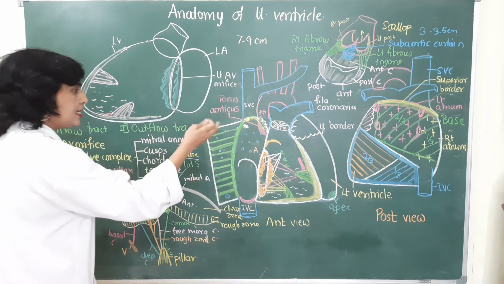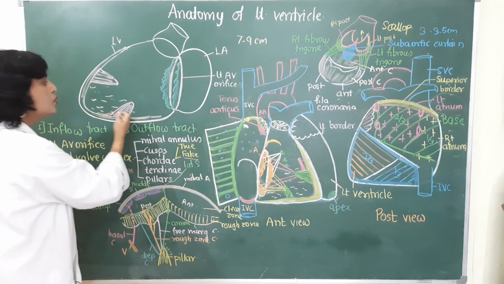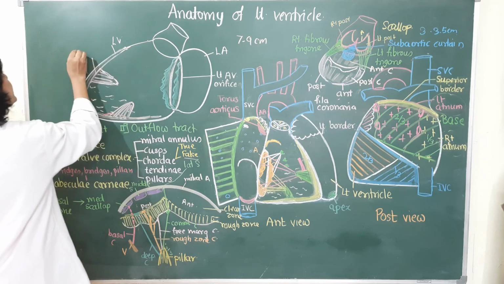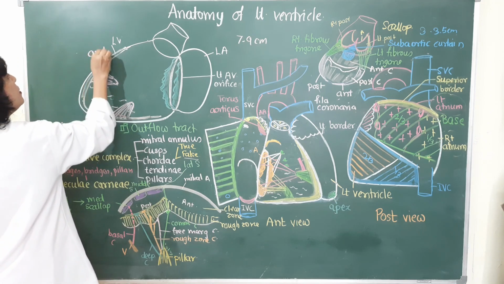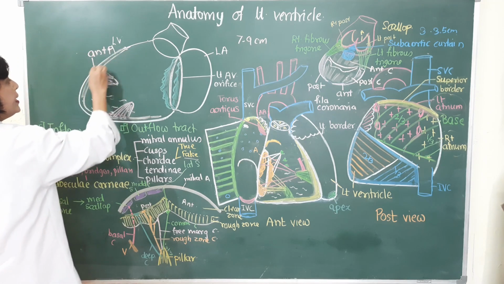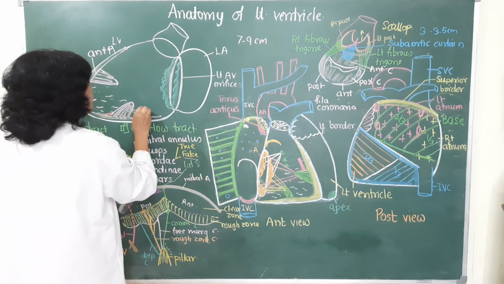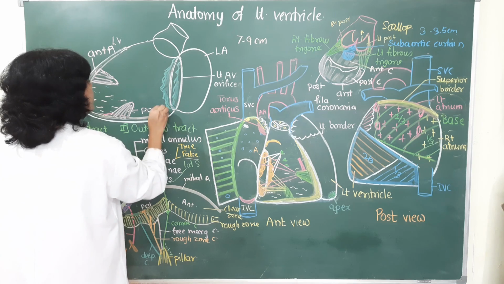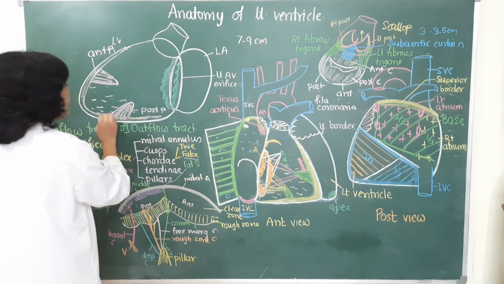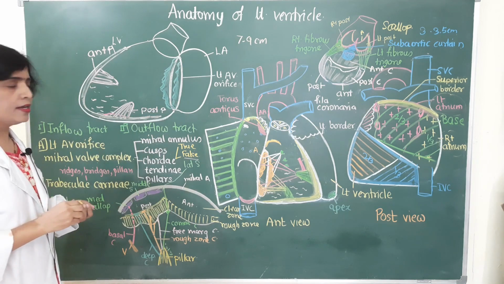So in this left ventricle there are two papillary muscles. One is the anterior papillary muscle, which is attached to the anterior or sternocostal surface of the left ventricle, and this is the posterior papillary muscle, which is attached to the diaphragmatic surface of the left ventricle.